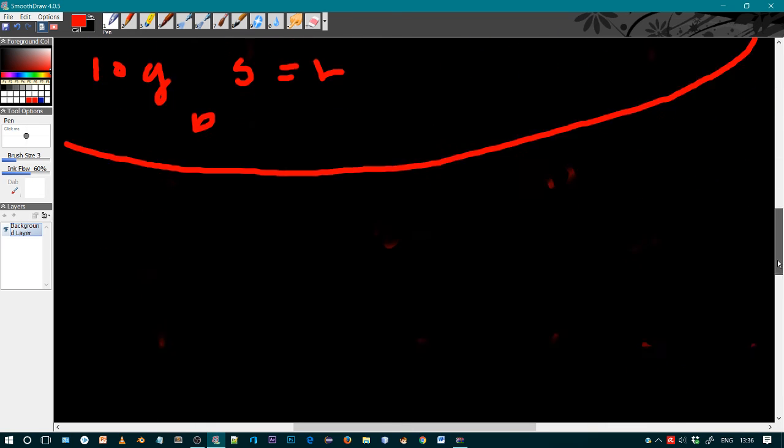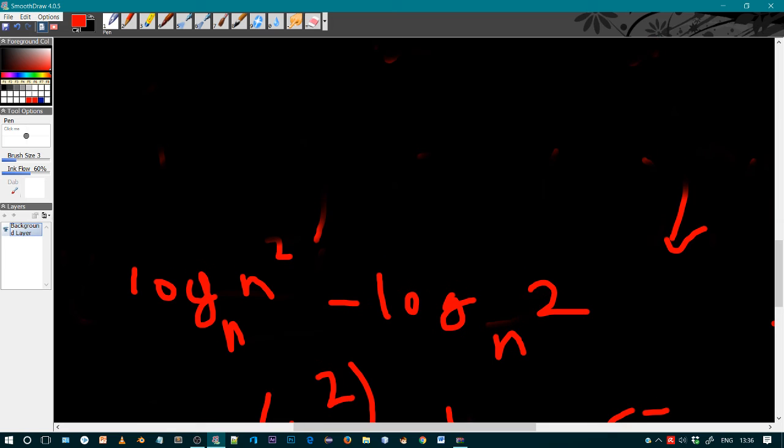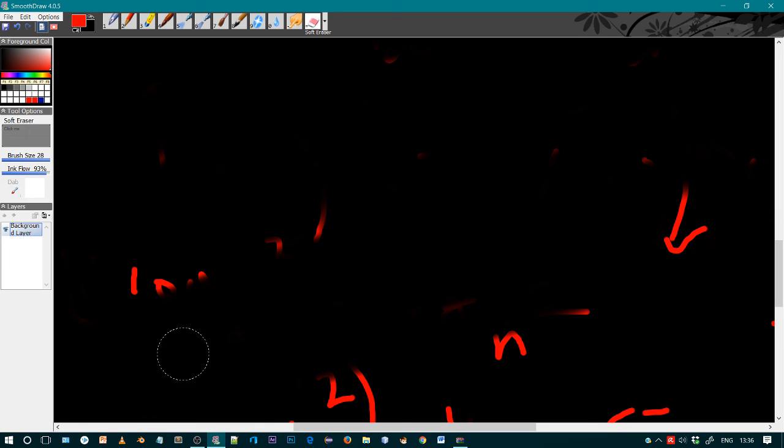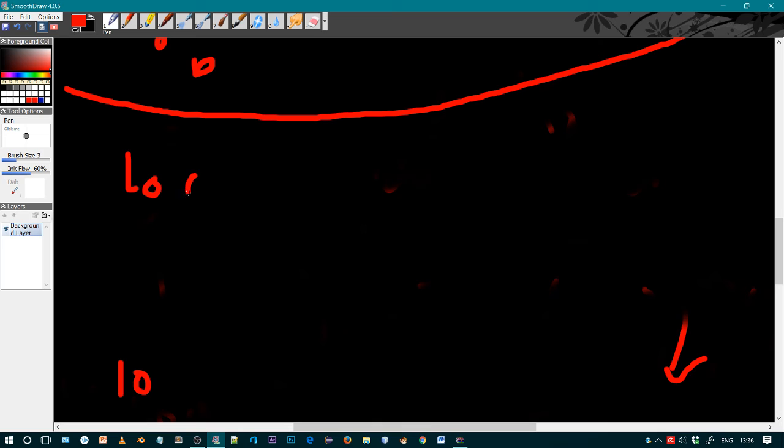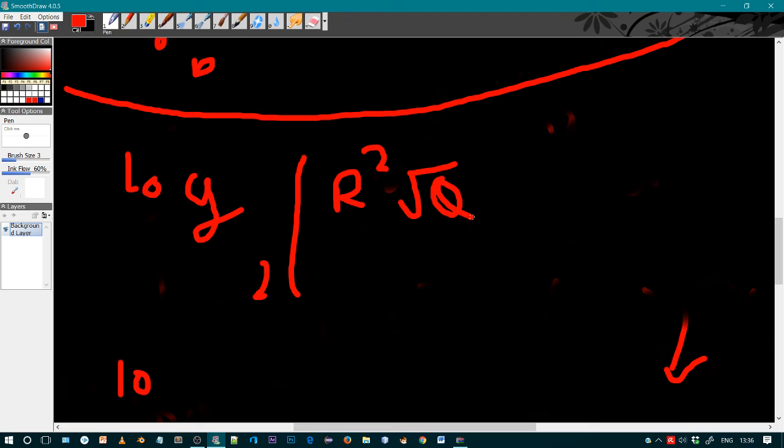Now the question is, wait, sorry. Question is log base 2 of r square root q over p cube.